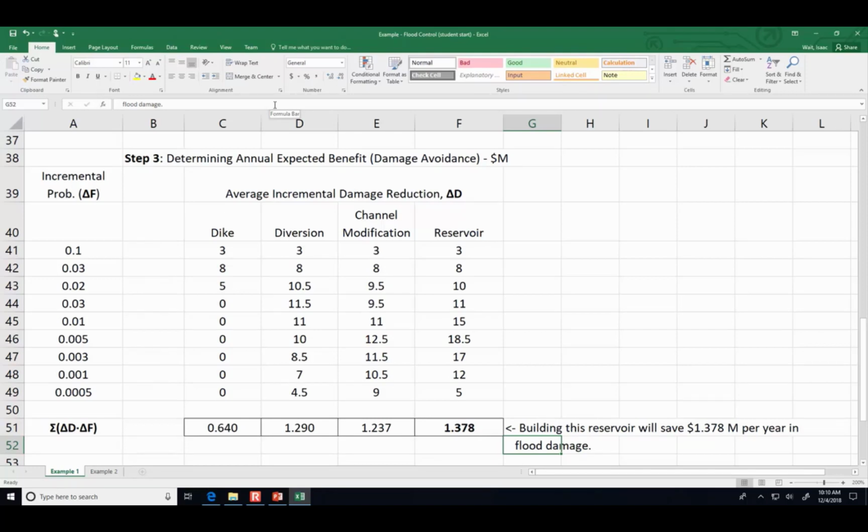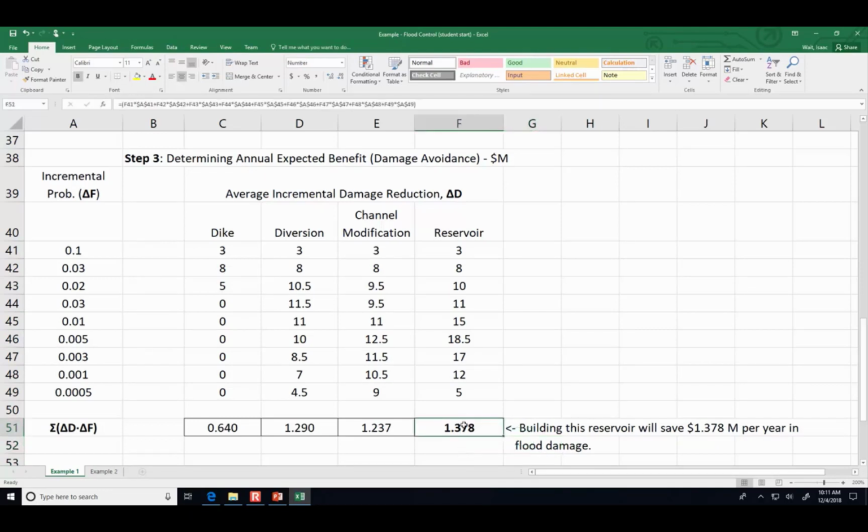And in any given year, you get to take 3% of the $8 million savings, because the $8 million savings doesn't occur every year, but we want to know the annual damage reduction. So this is going to be the annual expected benefit from the damage that is avoided. And so to annualize these, we're having to consider the incremental probability, which is the size between different storms.